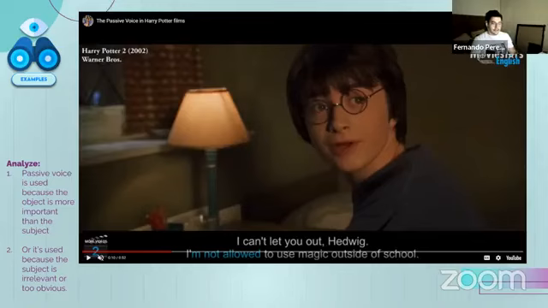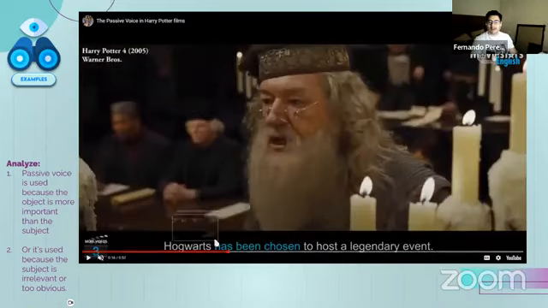Auxiliary verb be. There we have it. So when you say Hogwarts has been chosen, chosen is not the verb. The verb is been. Chosen is the adjective. And that becomes easy peasy.